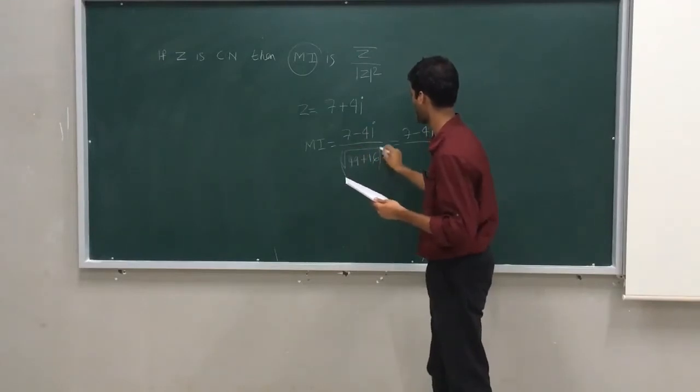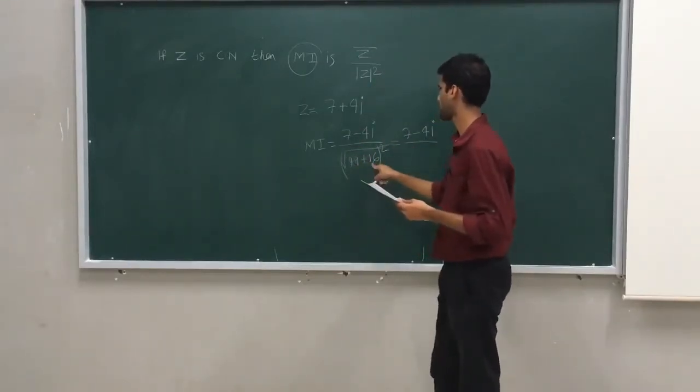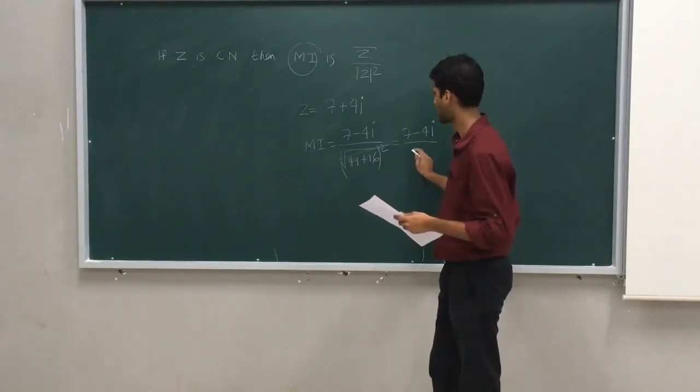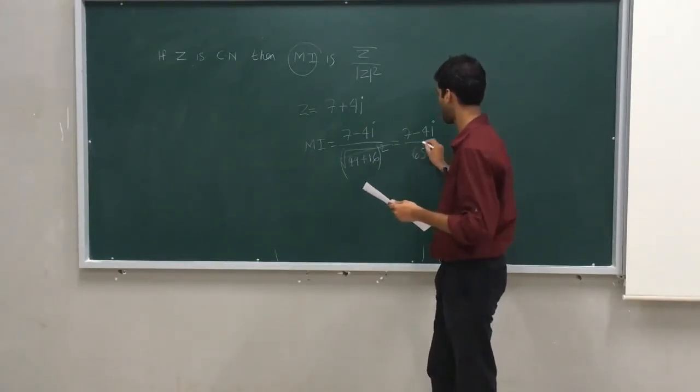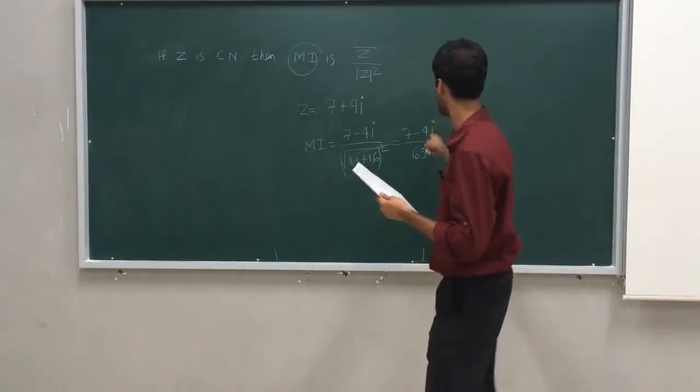The square root and square get cancelled. 49 plus 16 is 65. So it is 7 minus 4i divided by 65.